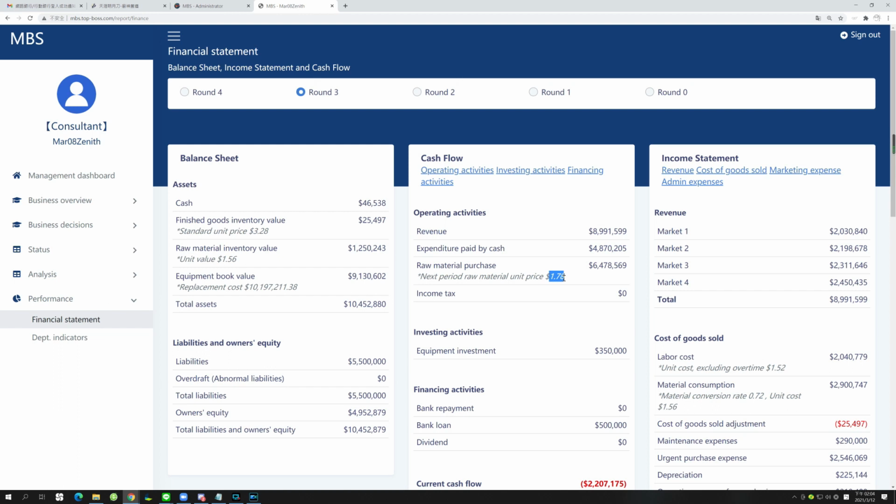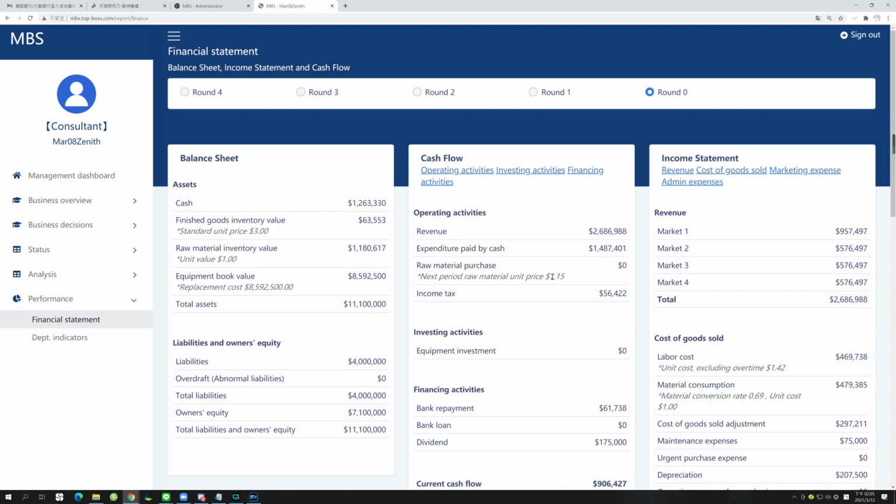You will see that the material unit price is rising. Because of that, maybe we should look into buying more in the very beginning, and we will have more control over the cost of making the products. The differences between the two material unit prices will affect the unit cost of your goods.